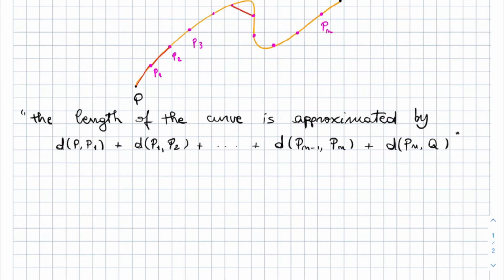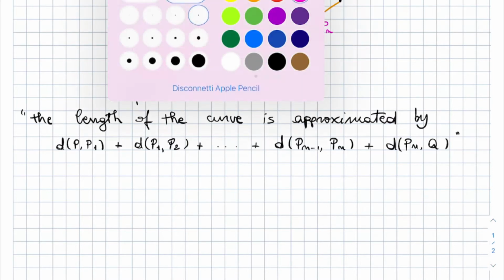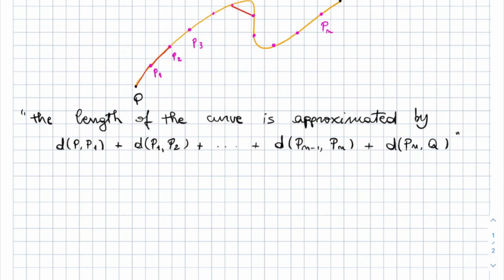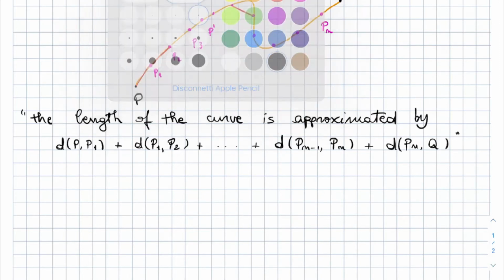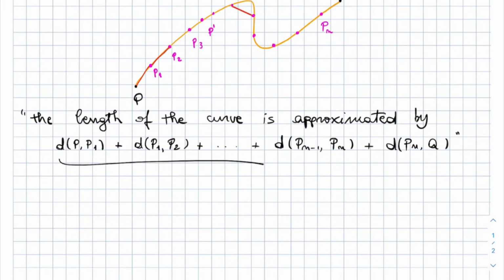consider the subset of points we have already chosen on the curve, and let's say we add another point here that we will call P prime. Then I claim that the sum we've written down here, where we don't have P prime, is smaller or equal than the sum where we also add P prime.